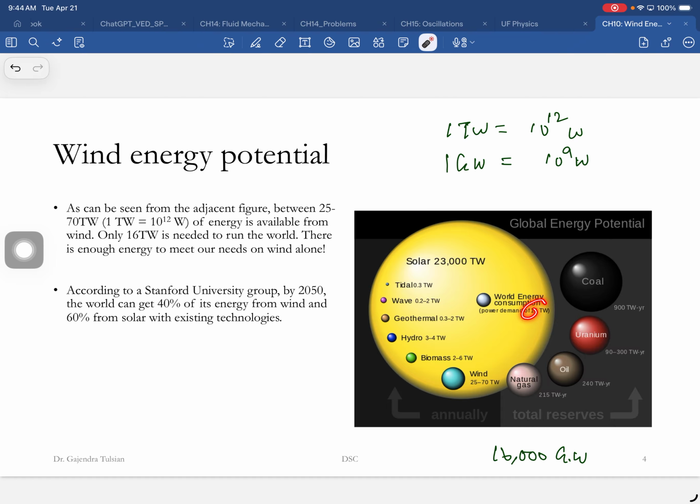Wind turbines extract energy from wind by slowing it down. However, they cannot extract all the available energy, because you can't stop the wind. To extract all the energy, you would have to stop the wind there, downstream. The maximum amount of energy that can be extracted is about 60%.